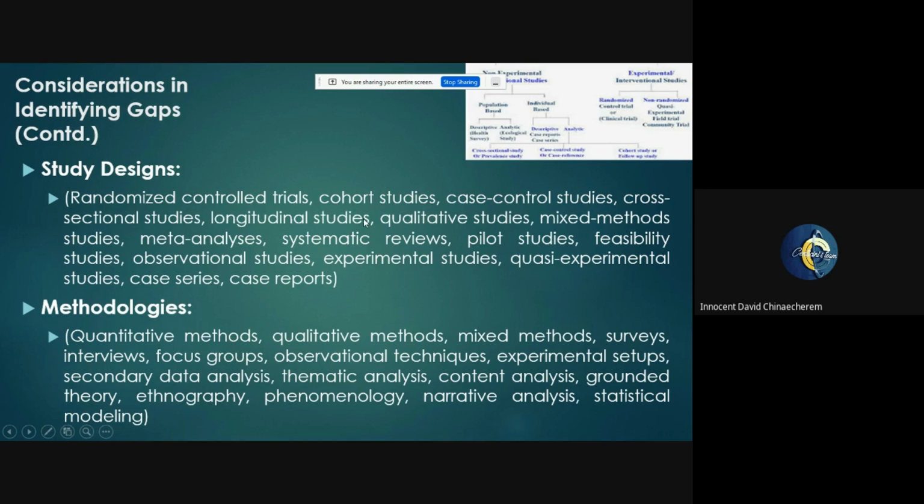Or rather than doing meta-analysis, we want to focus on pilot studies or feasibility studies, or meta-analysis of observational studies, what we call MOOSE. Those are some of the things we are going to take a very clear look at in the course of this series.